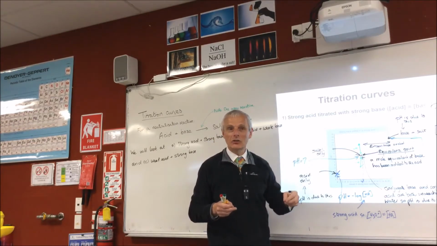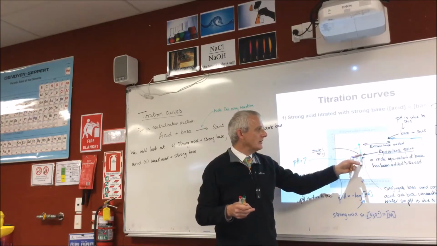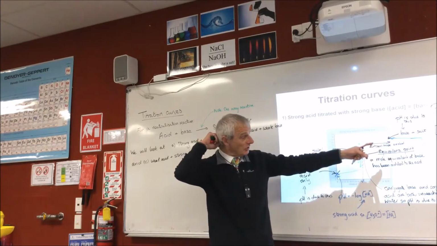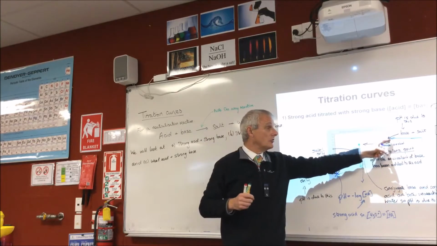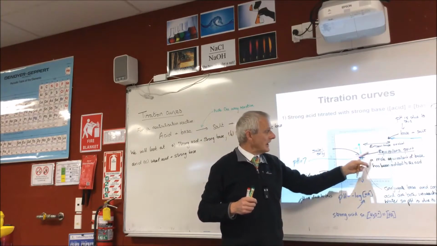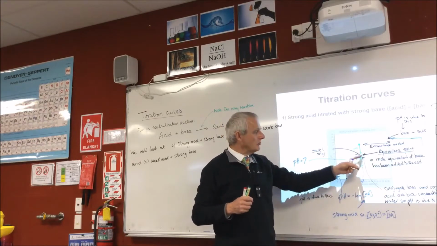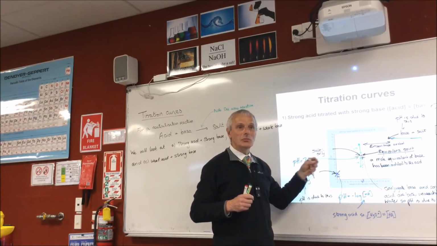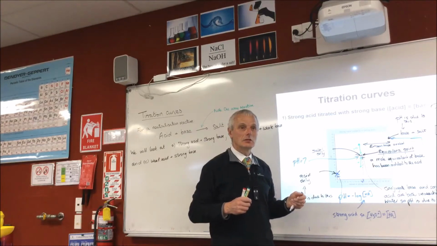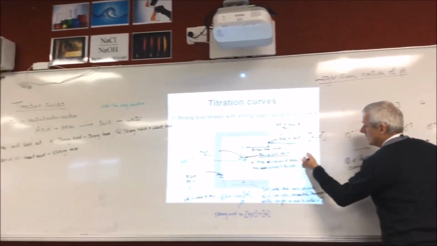So it's a dilution effect. So what we need to calculate this pH is the concentration of OH- that's been added in excess, and then we have to work out the diluted concentration due to this extra water that's been added in.